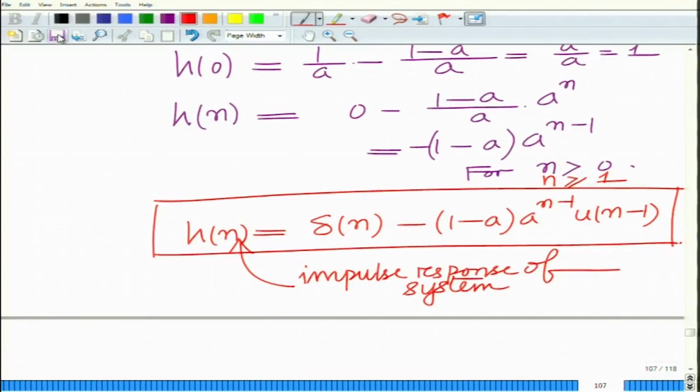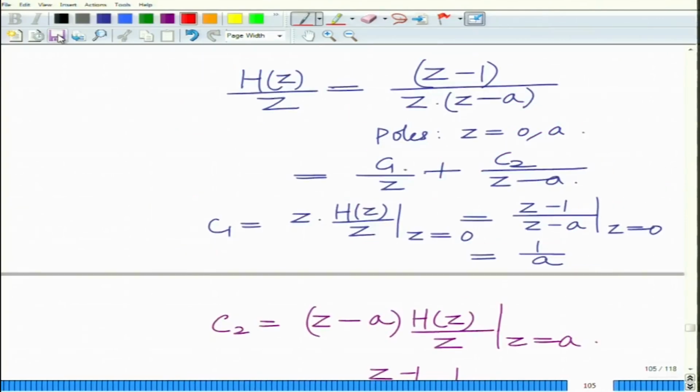So we started with a system in which the step response is given, that is, the response to the step function u(n) is a raised to n u n, and we are asked to find the impulse response. We have found the impulse response of this system using the z transform technique. We have shown that the impulse response is delta n minus (1 minus a) into a raised to n minus 1 u(n minus 1). So this is the impulse response h(n) of the system.